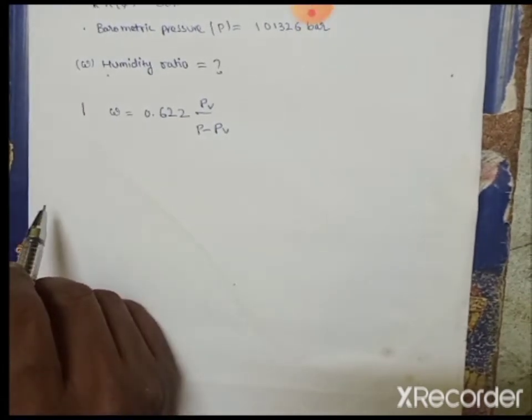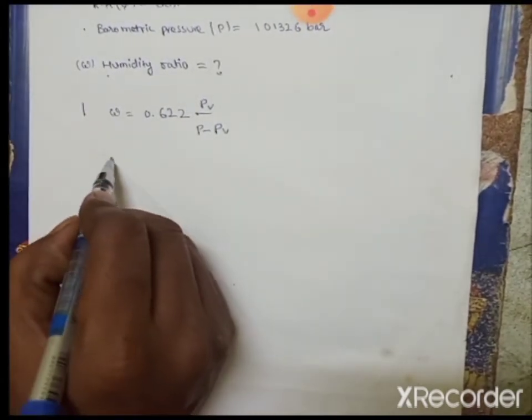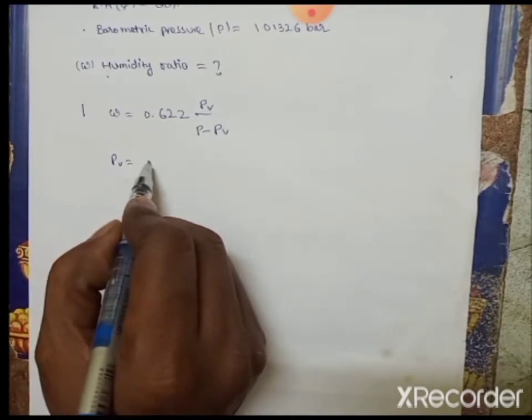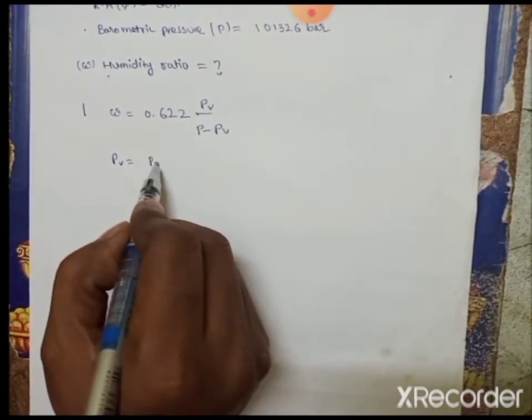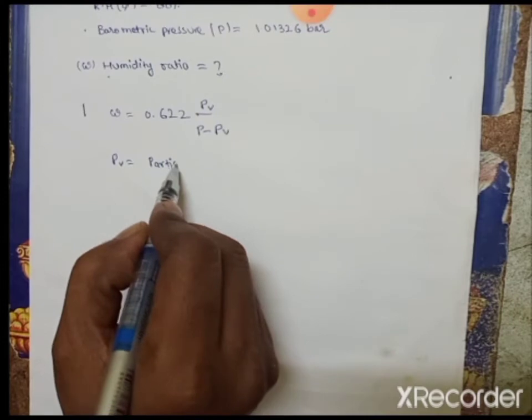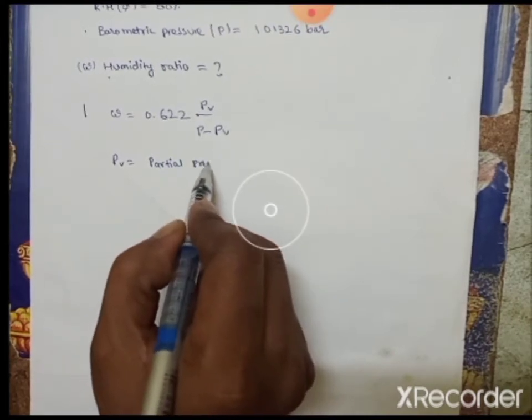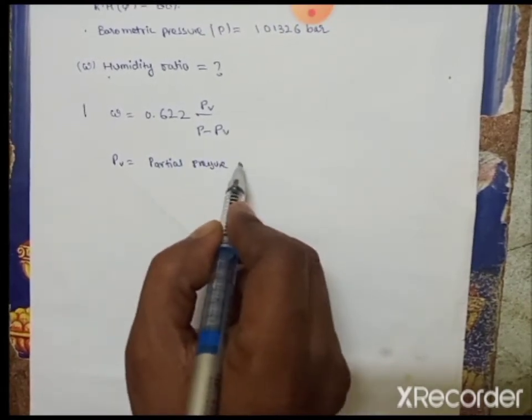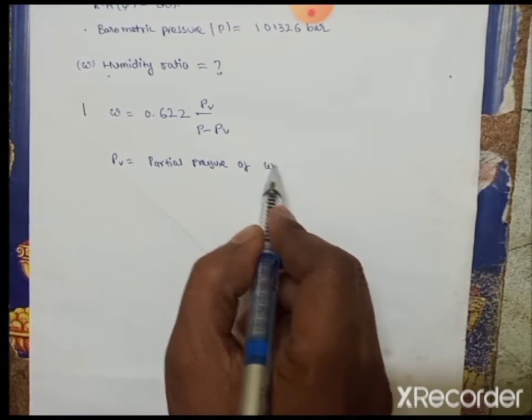So PV is the partial pressure of water vapor.